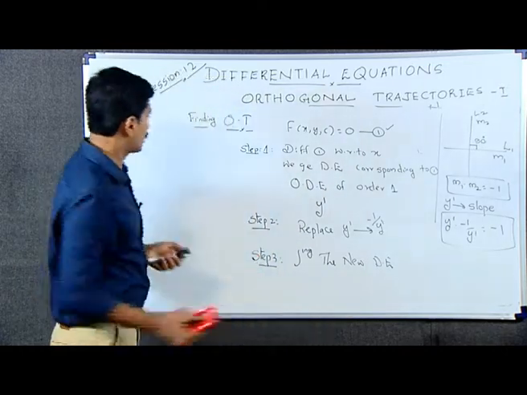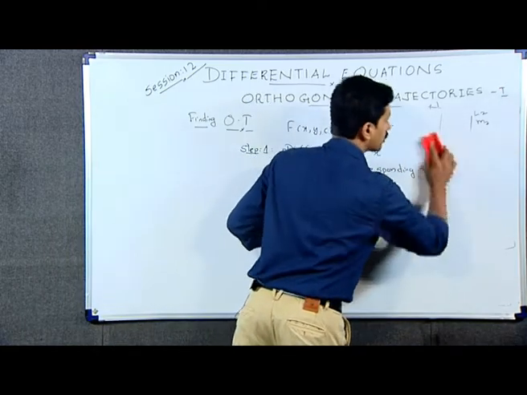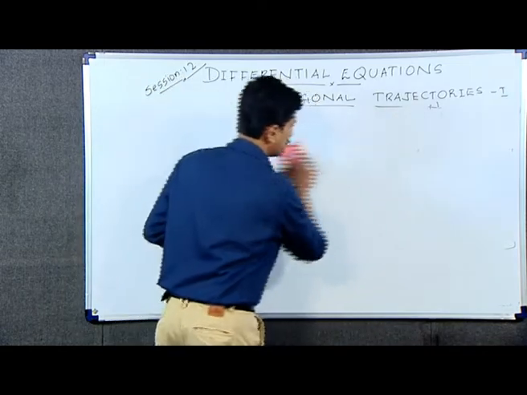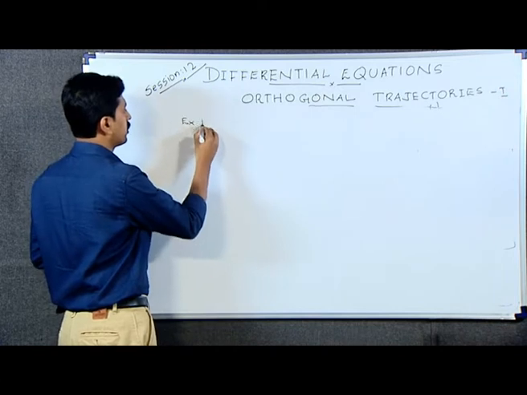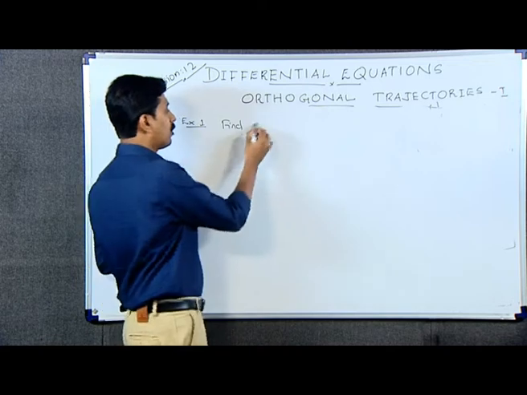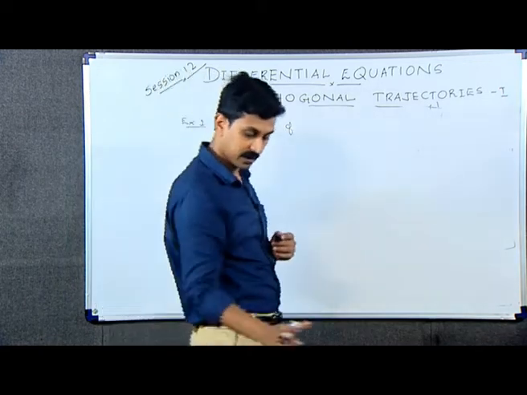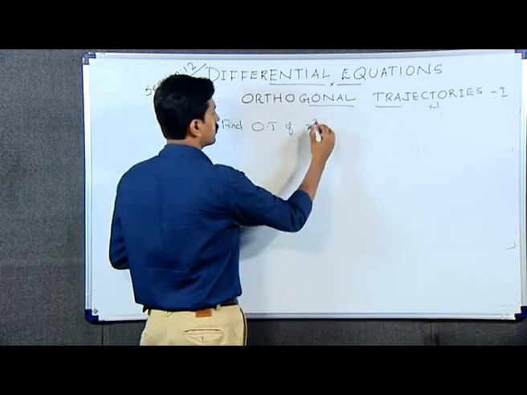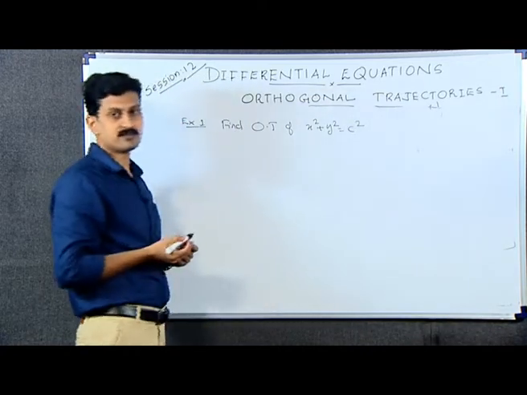So, we can do some examples to explain the orthogonal trajectory. See example 1: find orthogonal trajectories of the family of curves x square plus y square is equal to c square.